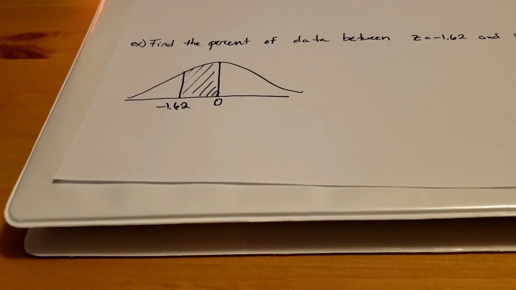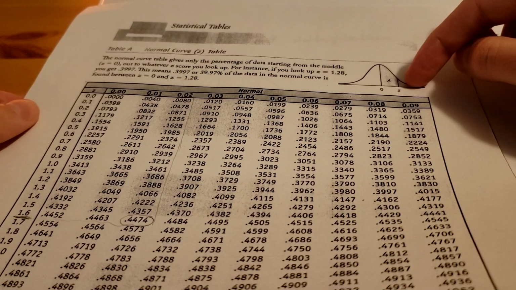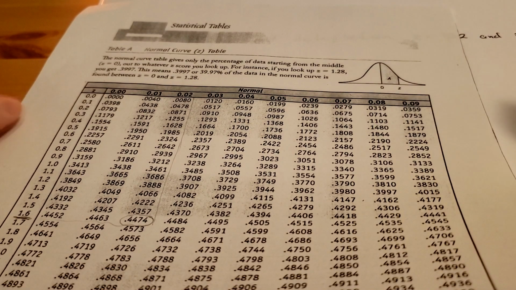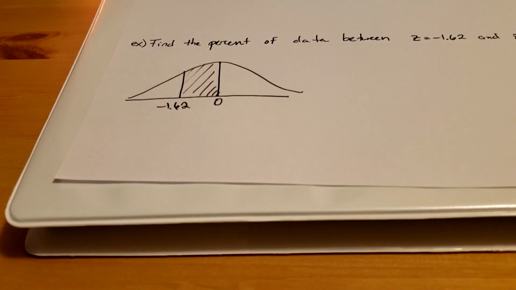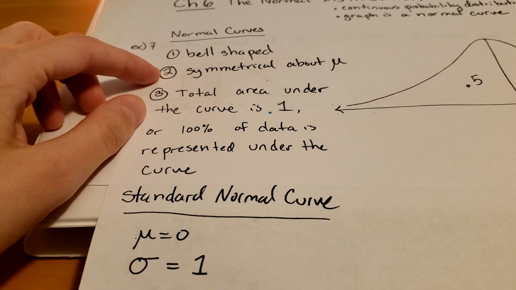Now, one problem we might have here is that this table just gives us amounts of area between 0 and some positive z-score. It's not giving us an amount of area between 0 and a negative z-score. But luckily, we have a fact we can make use of: the normal curve is completely symmetrical around the mean.